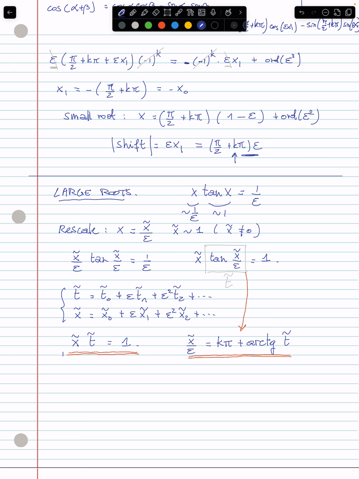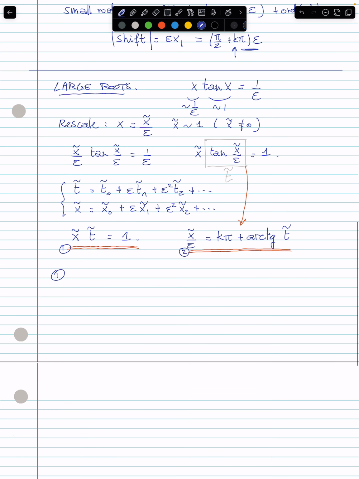We can start with the first one, and then we'll look at the second one just after. The first one, what does it say? It says that x0 tilde plus epsilon x1 tilde, times t0 tilde plus epsilon t1 tilde, etc. I'm going to truncate early enough because I just want to show you here how it works. We're not interested in keeping so many terms. This is equal to 1.